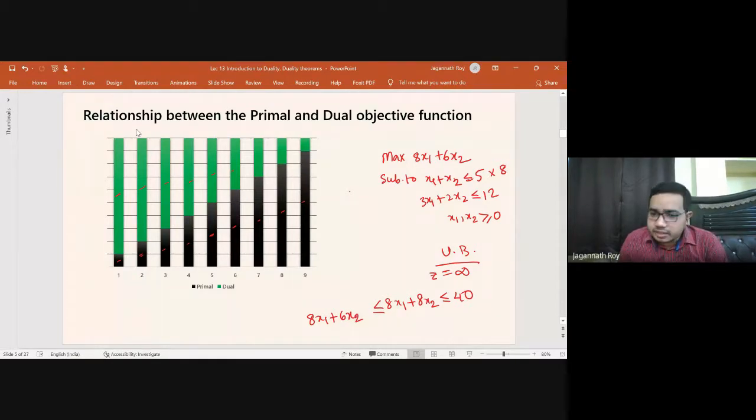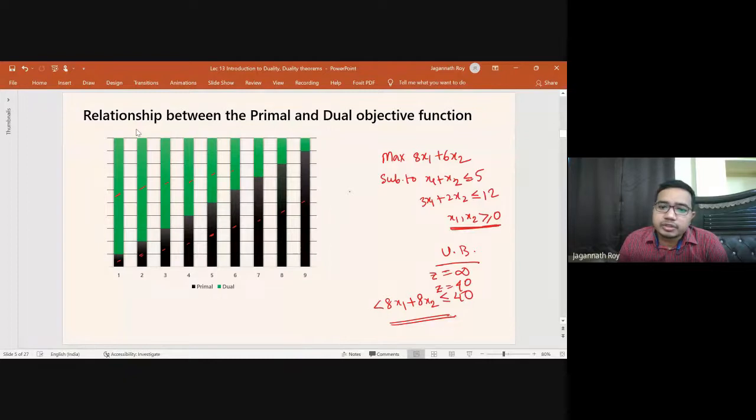This relation is valid because x1 and x2 are greater than or equal to 0 and we are multiplying by a positive number. We can also put 0 here and some other quantity, say 3, there, and that is also possible. So z less than or equal to 40 is an upper bound.